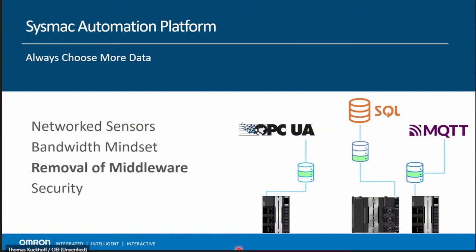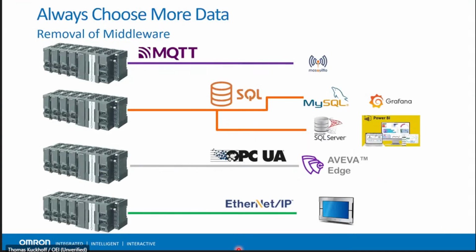All right, so continuing down the path of being able to move that data, we're also leveraging a lot of OPC UA, SQL, and MQTT across Sysmac controllers. So let's kind of dive into what that looks like. So here on the left-hand side, we've got each NX502 controller, and all of these NX502 controllers have OPC UA and SQL built in as standard.